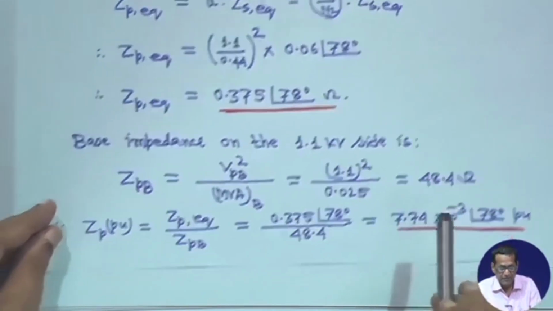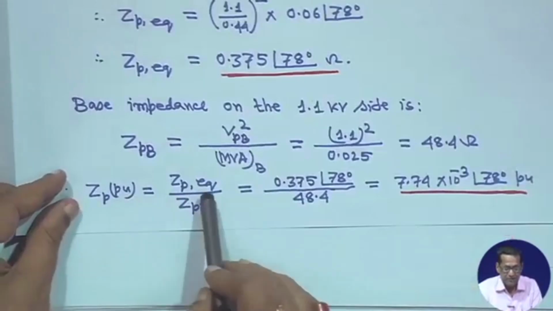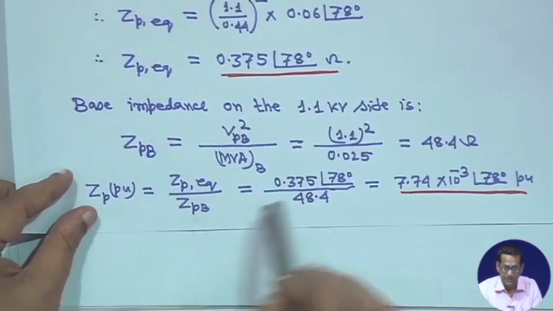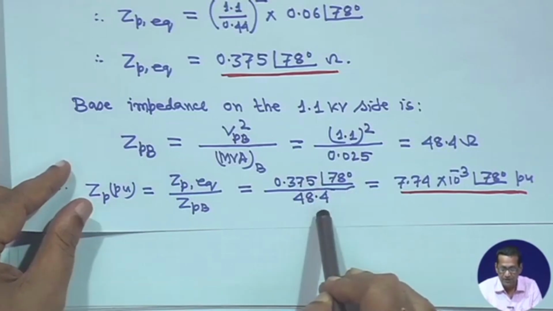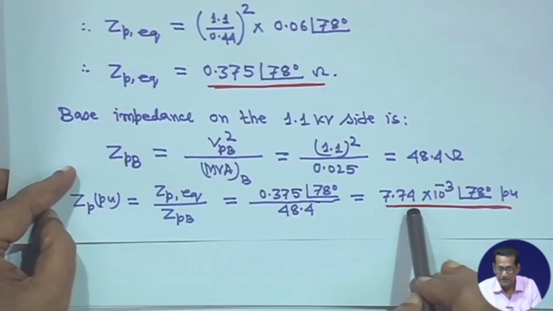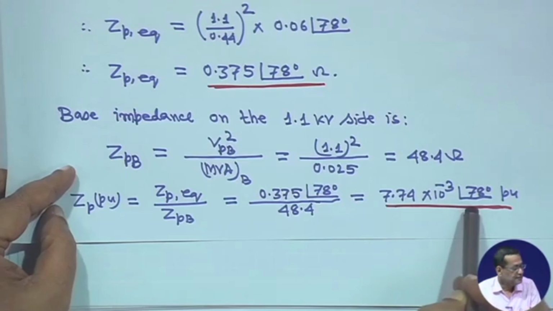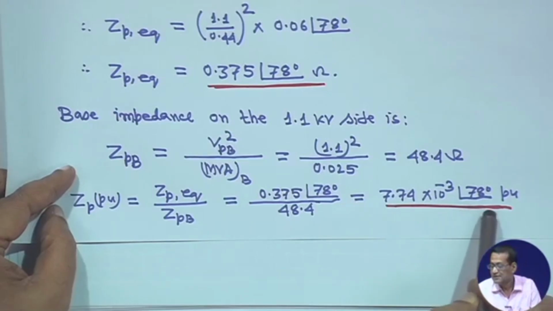Therefore, ZP per unit is equal to ZPEQ upon ZPB, equal to 0.375 angle 78 degree by 48.4, equal to 7.74 into 10 to the power minus 3 angle 78 degree.